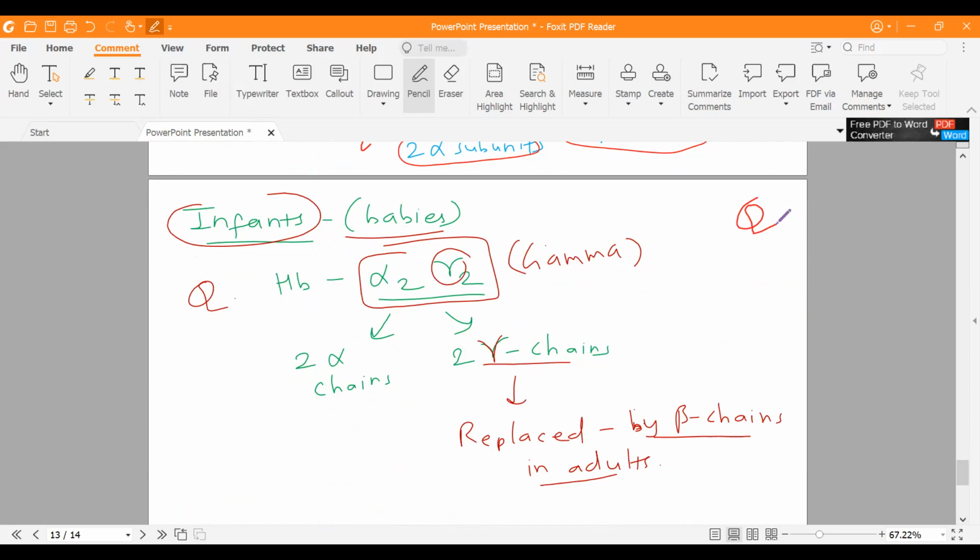Gamma is a different polypeptide, and it is then replaced by beta chains in adults. So if they ask what alpha 2 gamma 2 is, it is the infant hemoglobin. Infant means the newborns, referred to as infants for a few months after delivery.